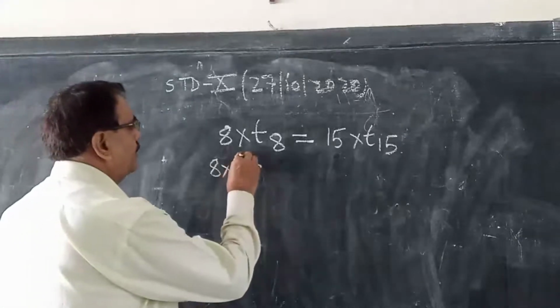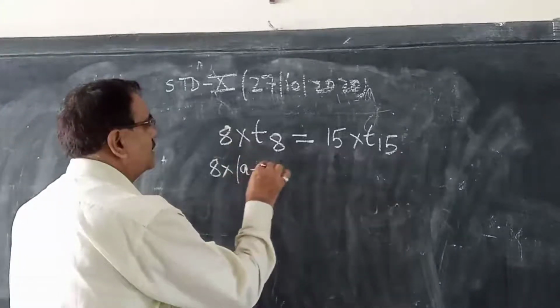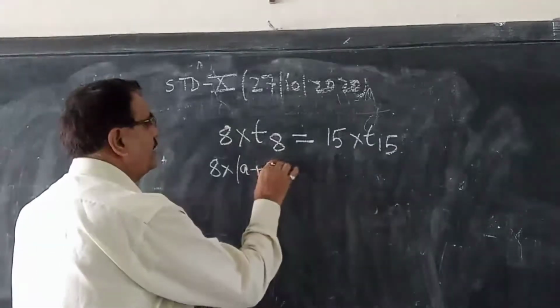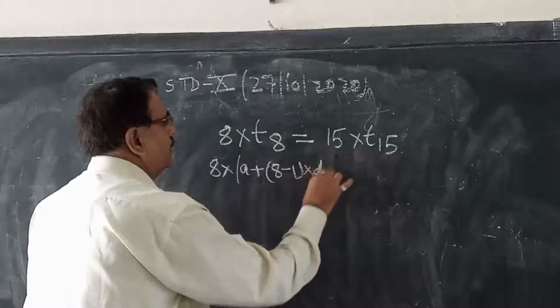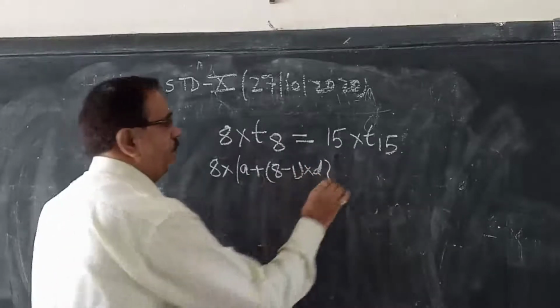So A plus, n is here 8, 8 minus 1 D. These two values are not given.